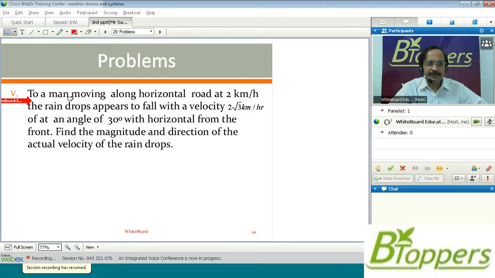To a man moving along a horizontal road at 2 km per hour, the raindrops appear to fall with a velocity of 2√3 km per hour at an angle of 30 degrees with the horizontal from the front.